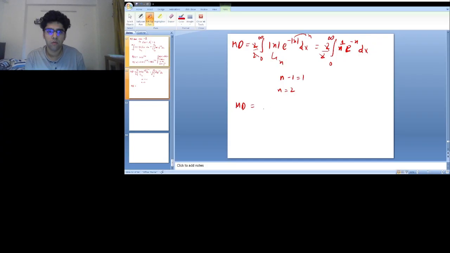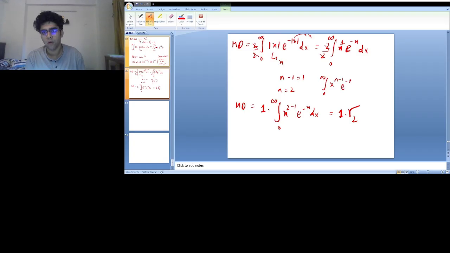My mean deviation is just 1 into this, x to the power 2 minus 1 e to the power minus x dx from 0 to infinity, which gives me 1 into my gamma term. Gamma n is equal to the integral from 0 to infinity of x to the power n minus 1 e to the power minus x dx.